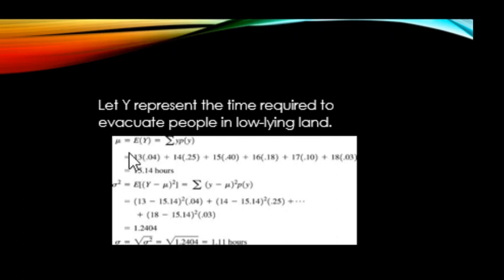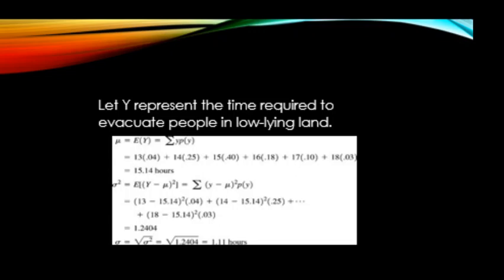So mean is mu, the expected value of y, which is the summation of each value of y times its probability. So 13 hours at 0.04 plus 14 times 0.25, the probability is 0.25 for 14 hours. For 15 hours, it's 0.40, 16 times 0.18, and so on and so forth. So the average evacuation time is 15.14 hours.